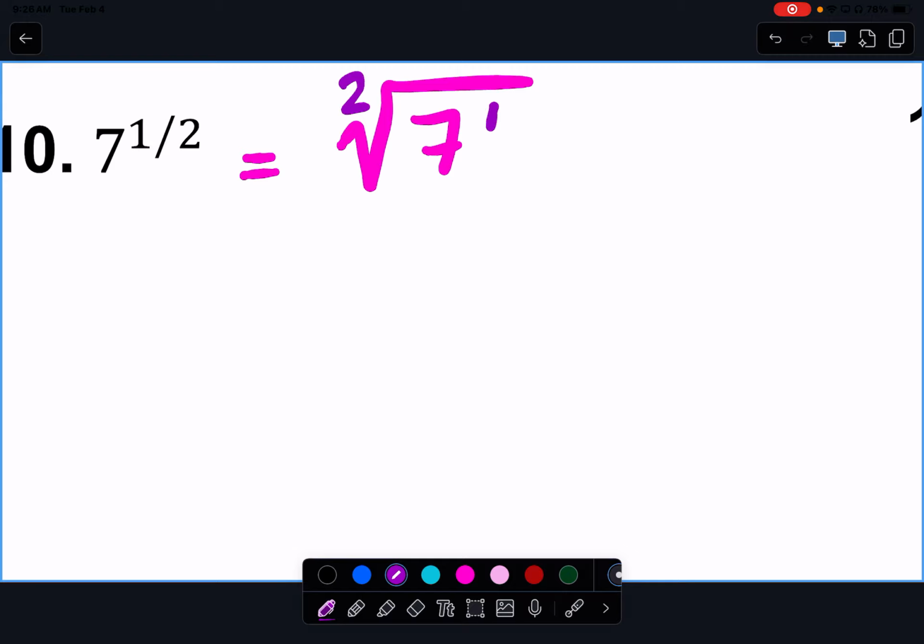Is me writing either of those things necessary? No. I don't need the 1 and I don't have to write the 2 either, because they're both understood to be there. If you need to put something there that is understood to be there, is that wrong? No, that's perfectly fine. But if it's not there, you need to understand what it means.